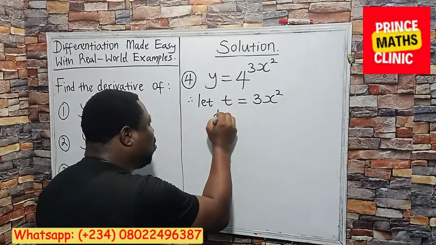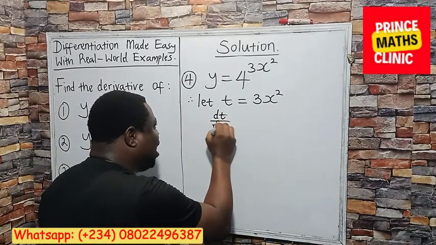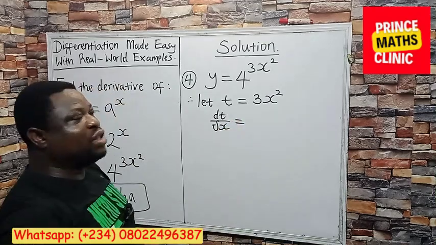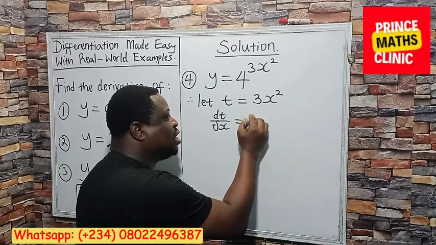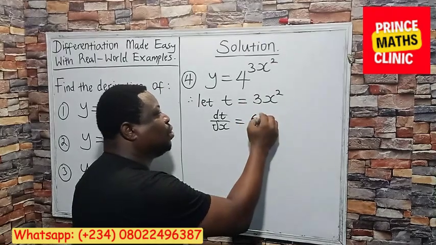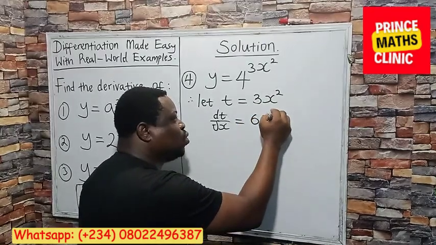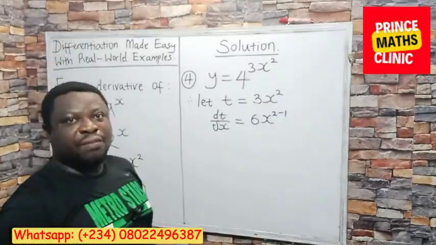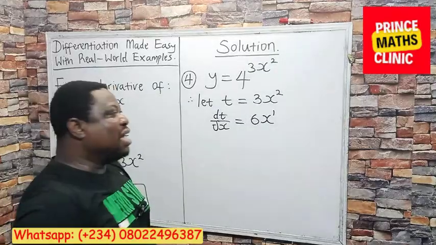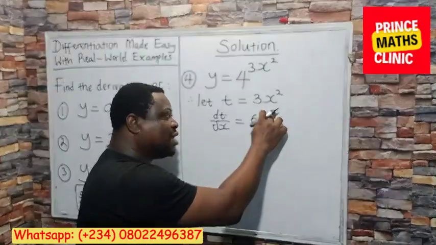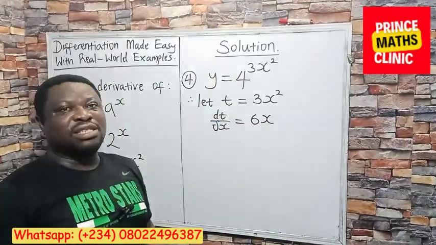So if I do dt dx, to differentiate, you take what is in the power and multiply. So 2 times 3 is 6, then x to the power of 2 minus 1, which is x to the power of 1, so it is 6x. I'll leave it like this.